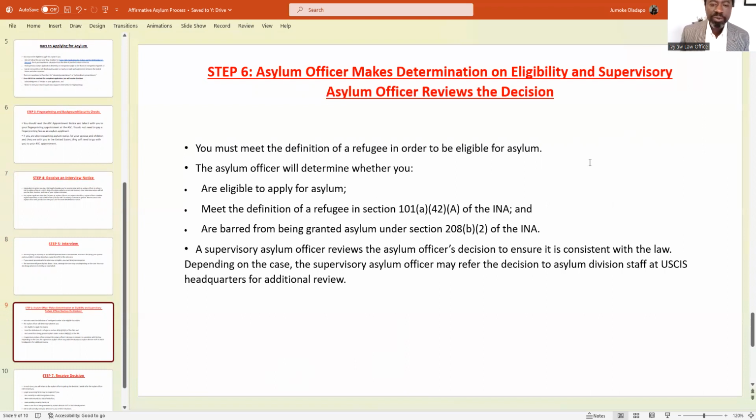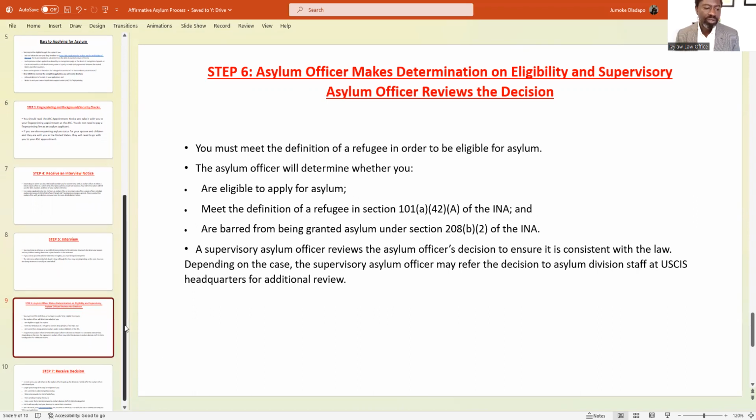The asylum officer will determine whether you are eligible to apply for asylum, meet the definition of refugee, or are barred from being granted asylum under Section 208(b)(2) of the INA. A supervisory asylum officer reviews the asylum officer's decision to ensure it is consistent with the law. Depending on the case, a supervisory asylum officer may refer the decision to asylum division staff at USCIS headquarters for additional review.